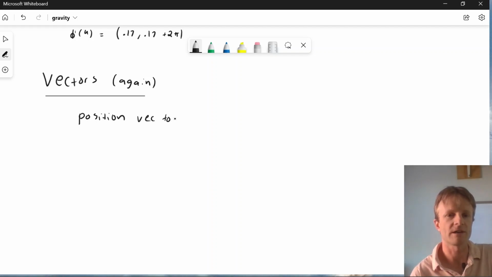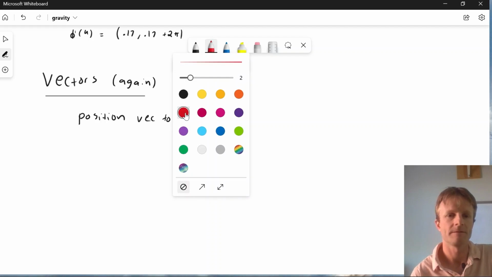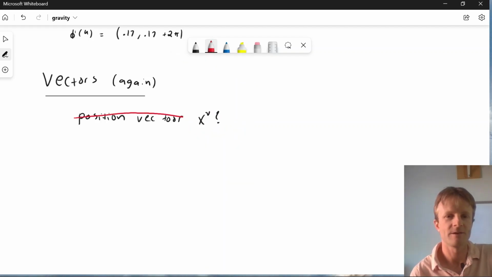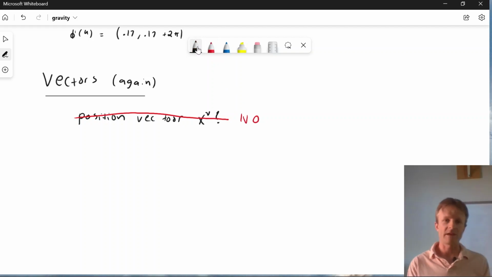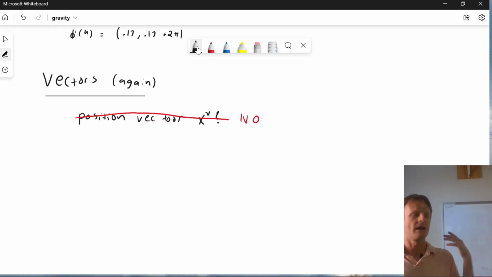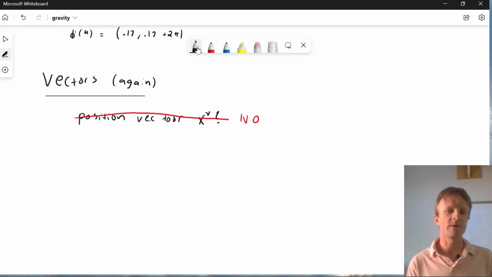So the first thing I want to remind you is that there's not going to be any notion of a position vector. We're not going to regard the coordinates on the manifold as a position vector. So no, this is gone. We were able to do that when we insisted that the space-time was R4 and we were in Cartesian coordinates, Lorentz frame.